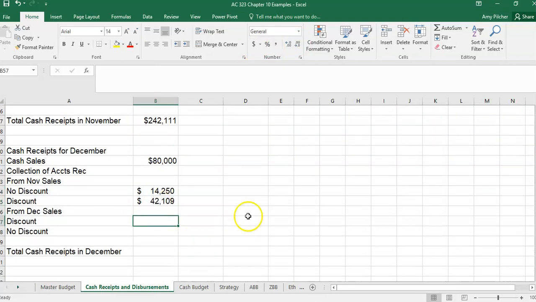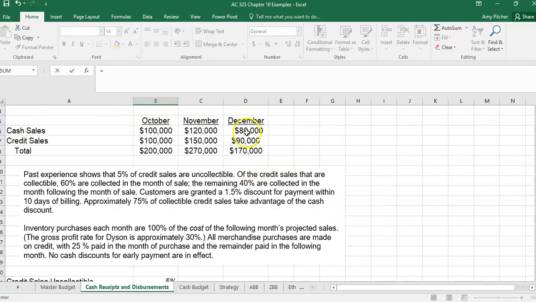Then we do the same thing with our December sales, except remember in the month of the sale, we collect 60%. So with the discount, we have 90,000 in credit sales times 0.95 to remove the part that's uncollectible times 0.75 of our customers take the discount times 0.6 in the month of sale times our discount 0.985.